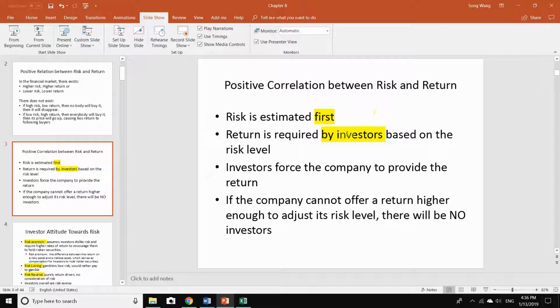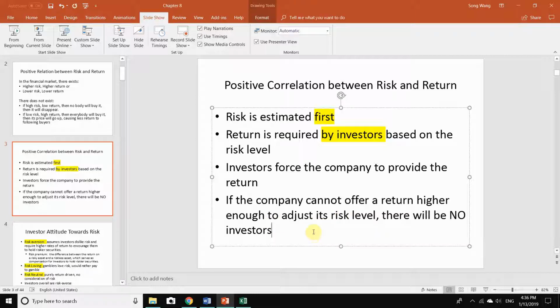And then the investor would require a certain level of return based on the risk level. Because the investors want to be compensated for the risk they are taking, the investor would force the company to provide that return. If the company cannot offer a return that is high enough for investors, then there is no investor at all.